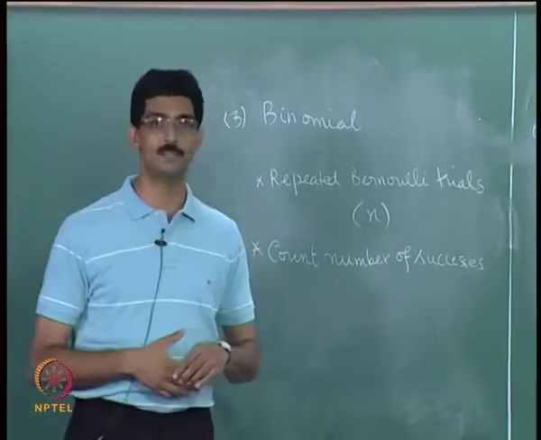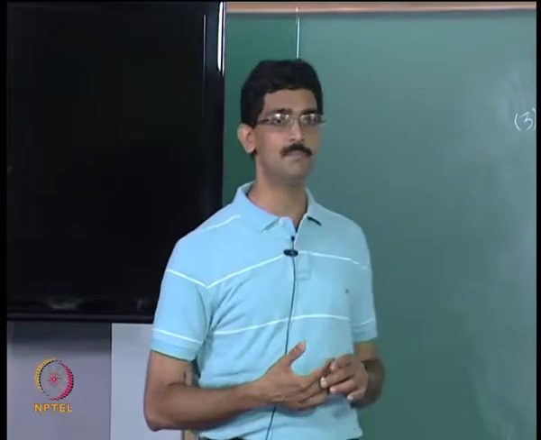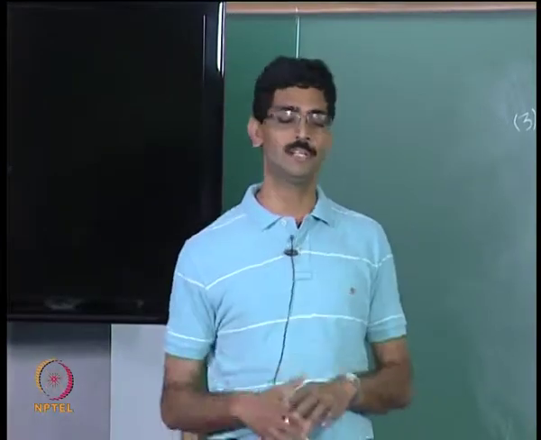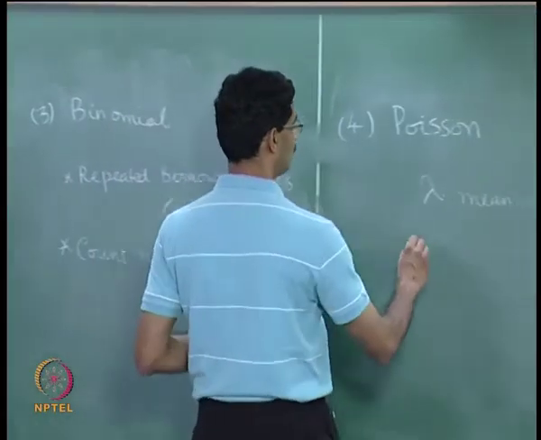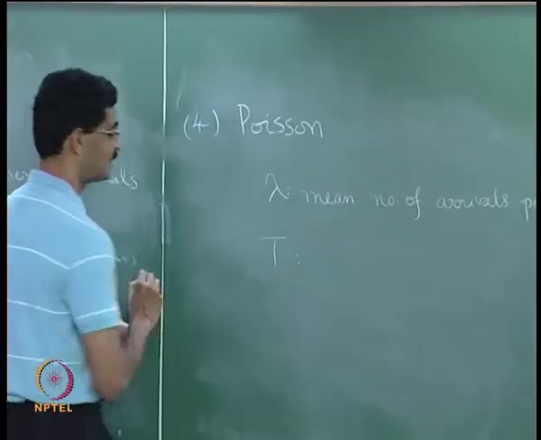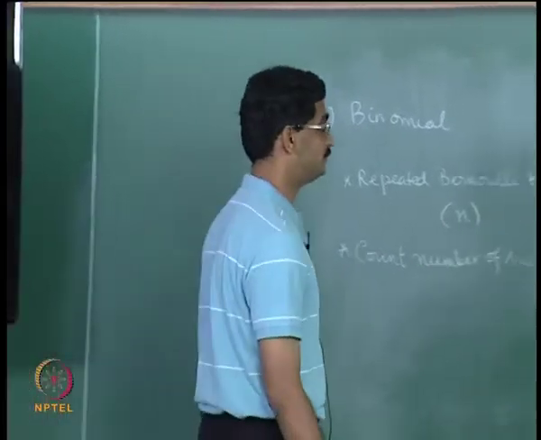So, in each of these you will find there is a parameter that characterizes, right. In this case n is the number of trials, p is the probability of success. Likewise here, this is the mean number of arrivals that is either empirically measured or just assumed to exist, and then you look at some time frame t, where t is the time frame of interest.